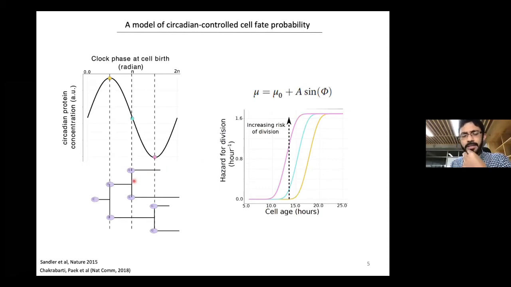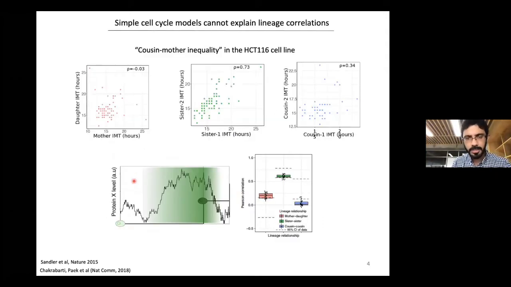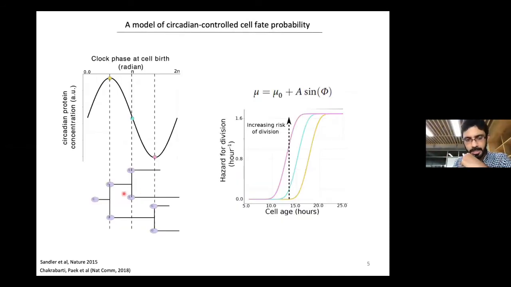First of all, in the experiments, that is very rarely seen. We see a strong correlation, right? The daughters are very strongly correlated, about 0.8. But that means that the two daughters are dividing at slightly different times. So this kind of heterogeneity almost always exists.